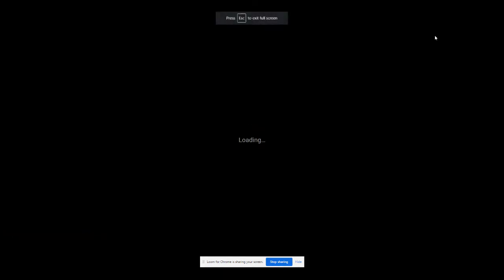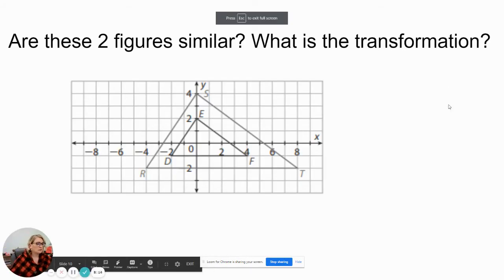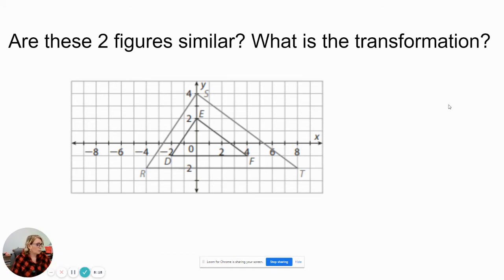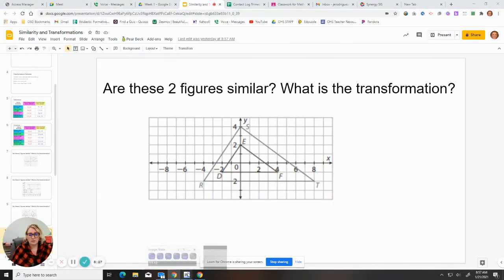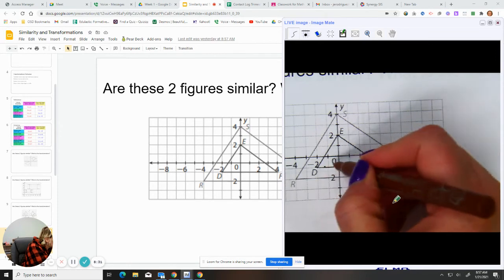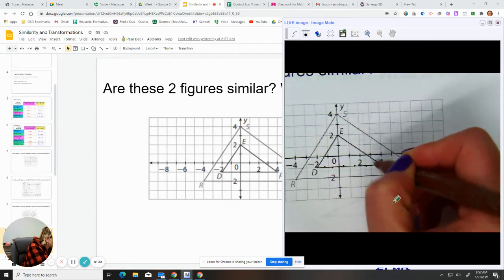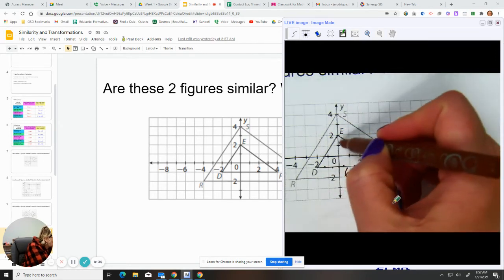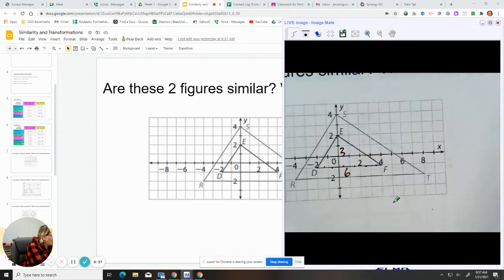What about these two? Are these two figures similar? Okay, so again, you would have to do a little bit of investigation just because you want to make sure that their dimensions are the same. So what I would recommend doing is just counting that this is 1, 2, 3, 4, 5, 6, and it is 1, 2, 3 tall.